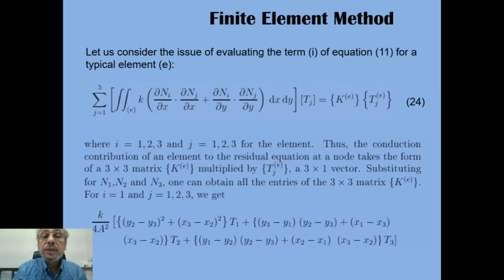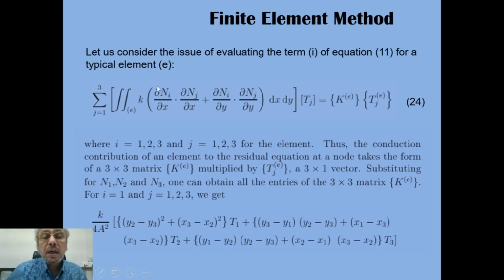So now we are focused on an individual element, any given element, and there we have to find out this integration, which was the first term of equation 11, that is the area integral of k times del Ni del x dot del Nj del x plus del Ni del y into del Nj del y.